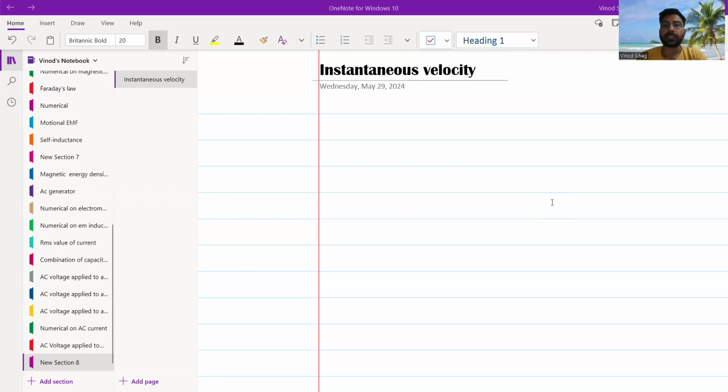So before going to instantaneous velocity, let's get hold of the average velocity. Let me write.